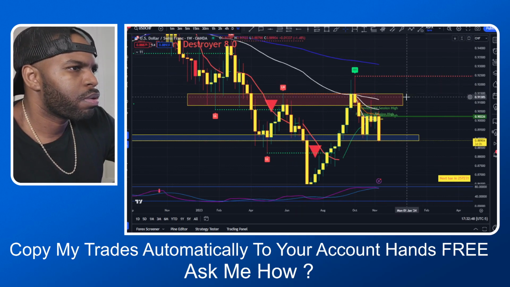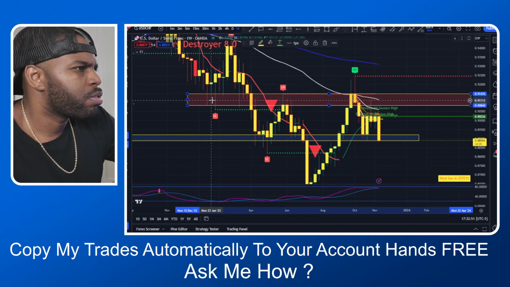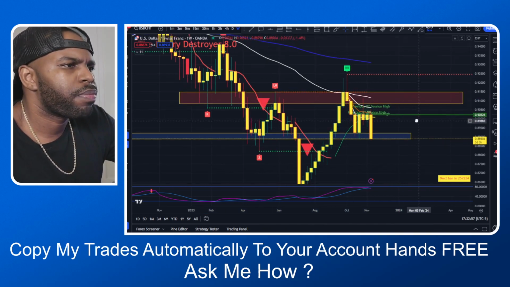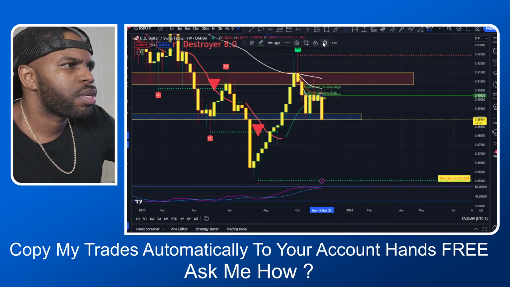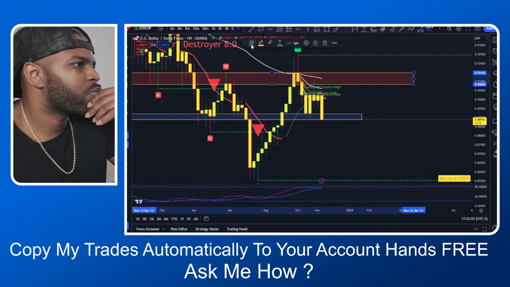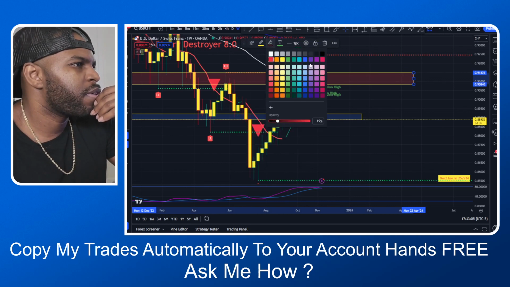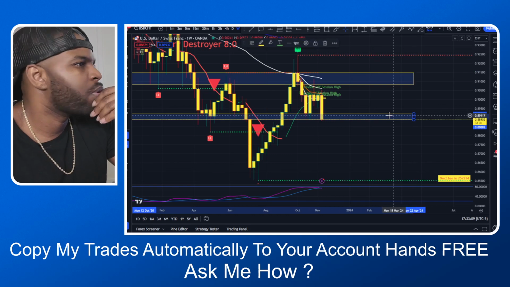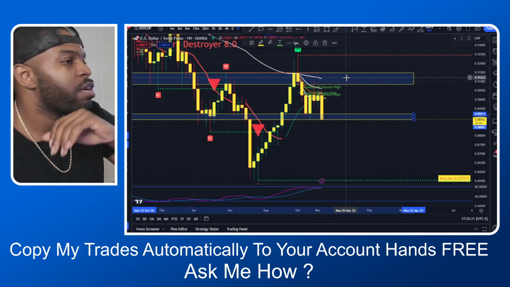Support, support, resistance, resistance, resistance. Let me get this out of the way. So yeah, this would be an area of interest for me if price could come back up to that level.